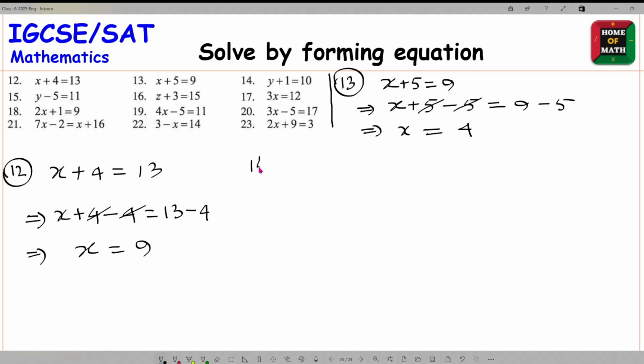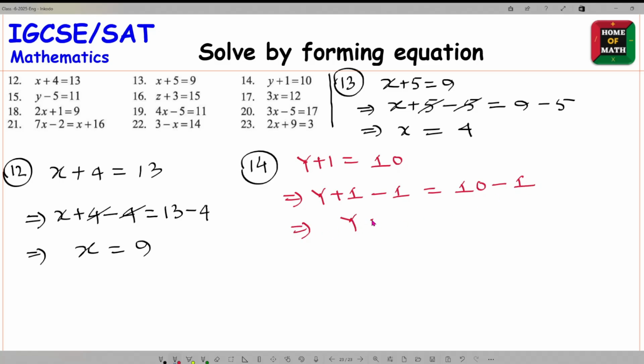Then number 14, y plus 1 equals 10, so y plus 1 minus 1 equals 10 minus 1, so we can write y equals 10 minus 1, which is 9, and here plus 1 and minus 1 cancel out.